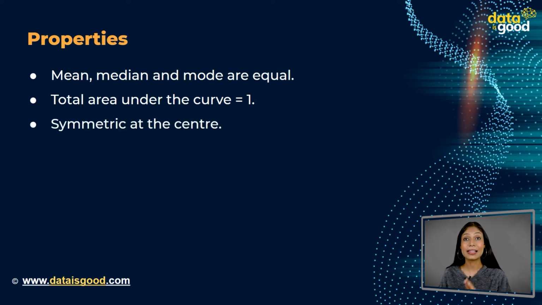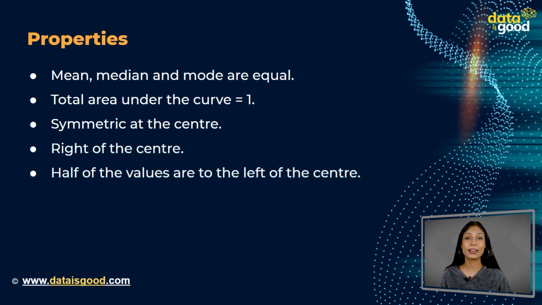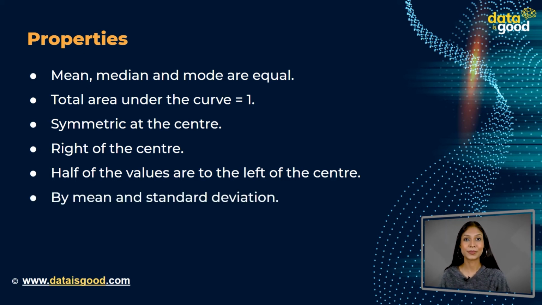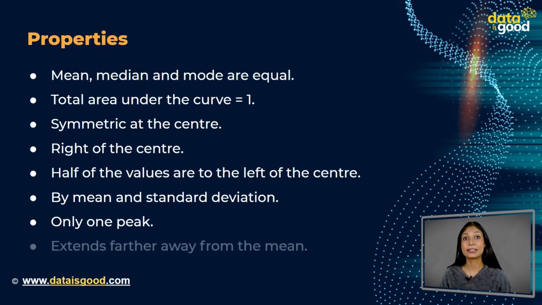There should be exactly half values to the right of the center and exactly half to the left of the center. The normal distribution should be defined by the mean and standard deviation. The normal distribution curve must have only one peak. That is, it should be unimodal. The curve approaches the x-axis, but it never touches the axis, and it extends farther away from the mean.